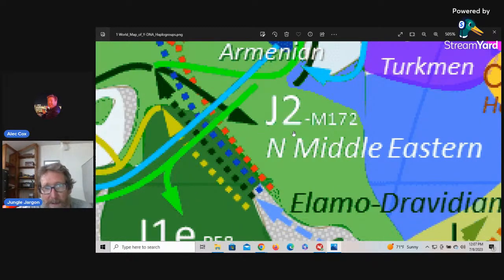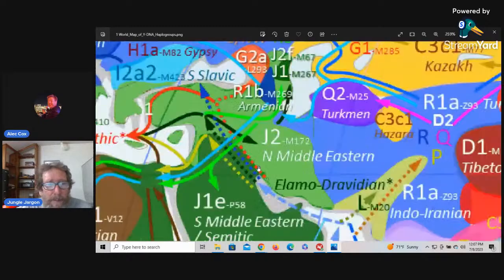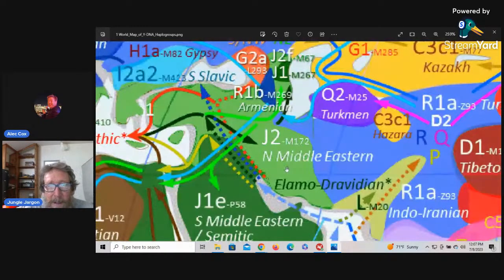J2 is specifically Judaic, especially this J2 M172, which is probably the direct descendants of King David and Solomon.